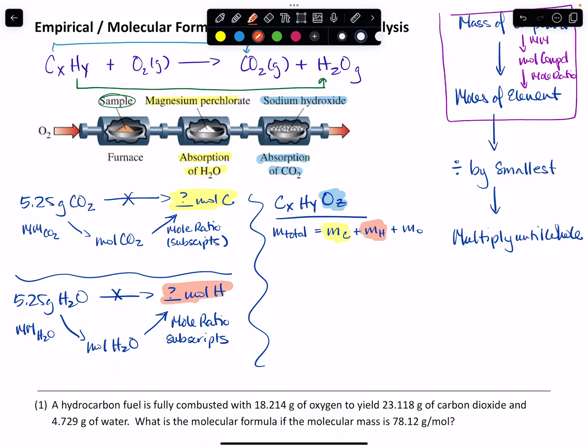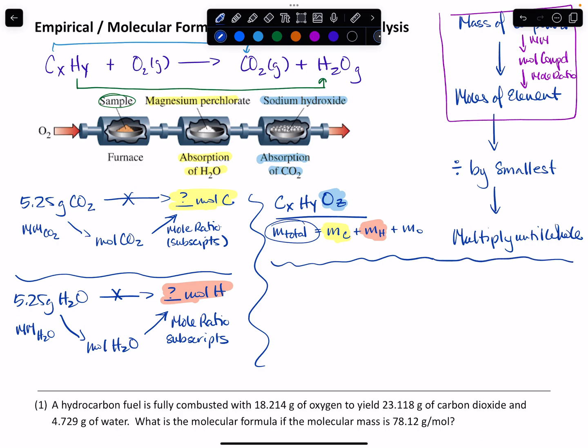I can convert that to mass of hydrogen. And the problem should give me the total mass. So if I have the total mass and two of the elements, then I can find the mass of oxygen. And then from there, mass to moles, and then I look at those three element moles and divide by smallest and multiply until whole. So that is another type of problem we run into, and I'm going to do an example of one of those down below.